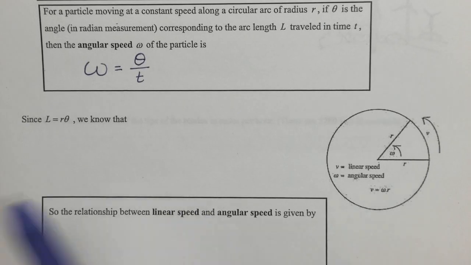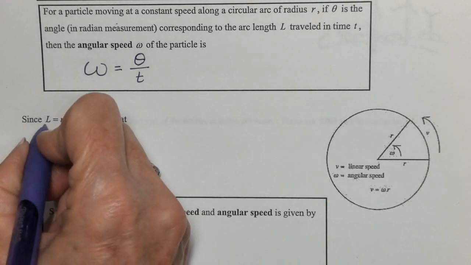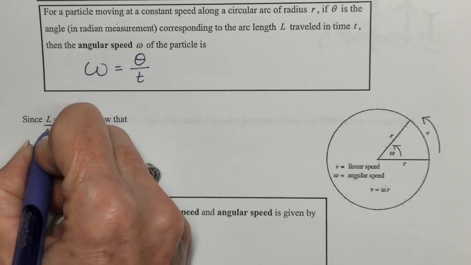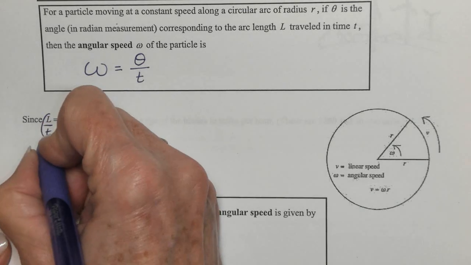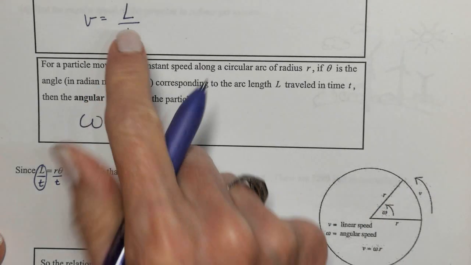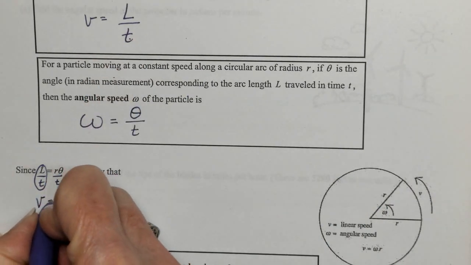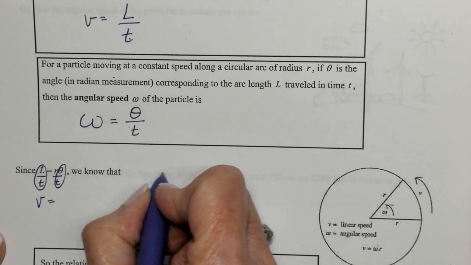Okay? Now, since L is equal to r times theta, if I take this and I divide both sides by t, I get a relationship between the linear speed and angular speed. L over t is our linear speed, v. Theta over t is our angular speed, omega.